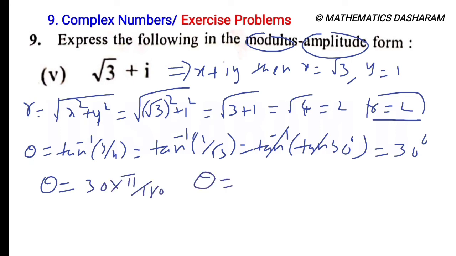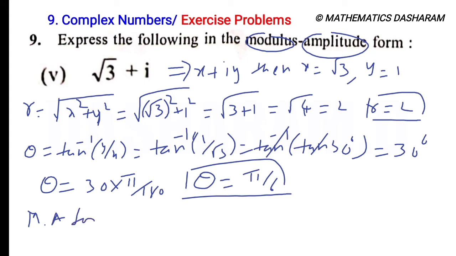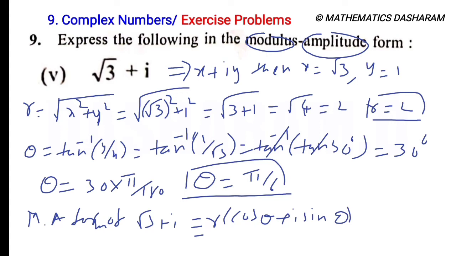So then the theta will become pi by 6. So now the modulus and amplitude form of root 3 plus i becomes r bracket of cos theta plus i sin theta. Substitute r value and theta value. So 2 bracket of cos pi by 6 plus i sin pi by 6.